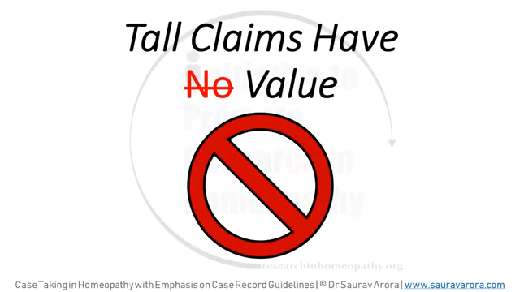Before going into actual problems, the inherent problem is the tall claims. With cases, people want to make a tall claim about homeopathy that yes, we can cure this, we can cure that, we can cure incurable cases. So basically, these tall claims are a problem, which gives hindrance for publishing these case reports in a reputed journal.